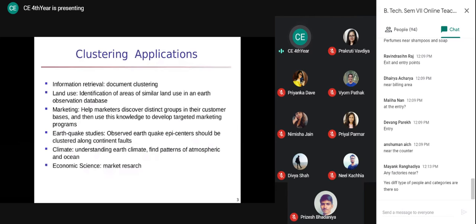So that is the scenario where once again clustering comes into the picture. Because you have visited, let's say, some item X, but in the advertisement they are displaying you X as well as item Y. So how do they decide that this item Y is very appropriate for this particular customer if he is looking for item X?